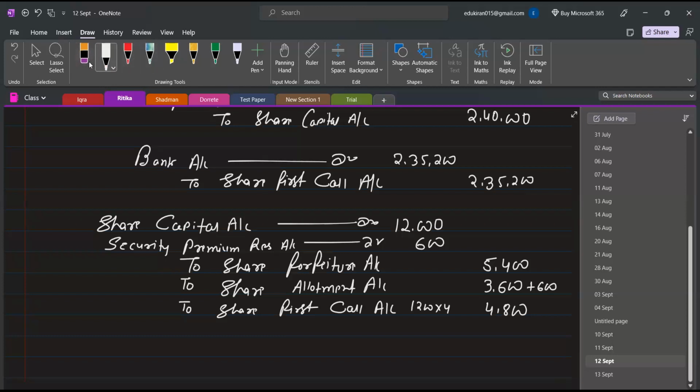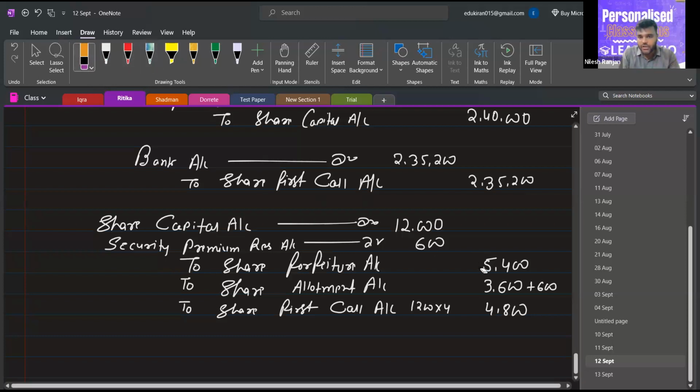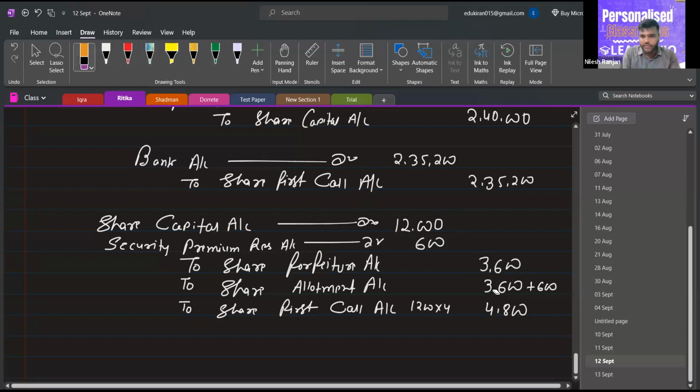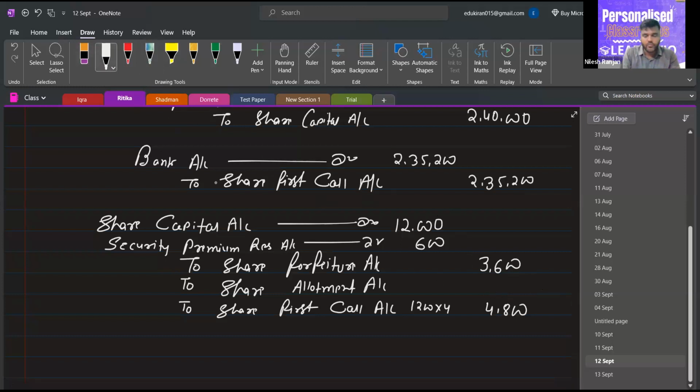So this will not be written 5400. It will be written 3600, and it will be written 4200. Now it is correct.